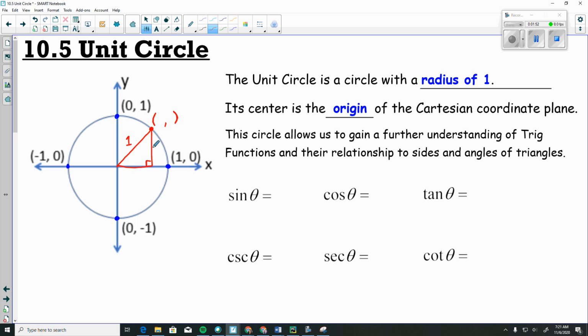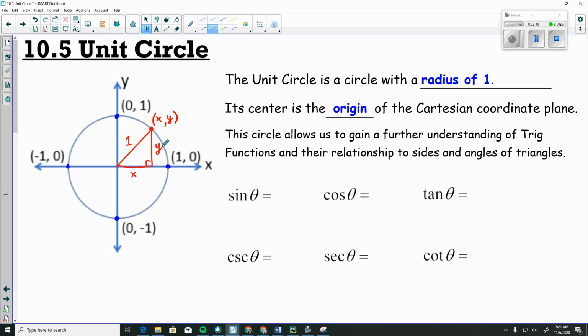If we look at the legs, the side lying along the x-axis, going horizontally, we would think of as some value x, which I don't know right now, and the vertical side would be some value y. So we can think of this coordinate point as this x value, going to the right and then up to this coordinate point.